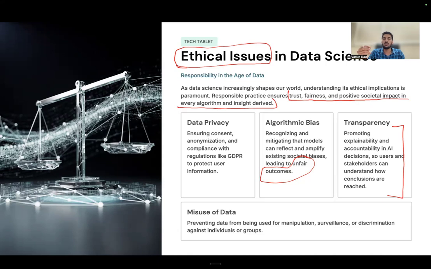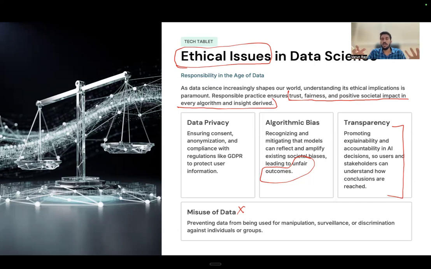And finally, you have misuse of data. This is one thing that should never happen. I mean, it's something that should never ever happen. And what do we mean by misuse of data? Let us say I am putting up images from a photography shoot wherein I have images of a few males and females.